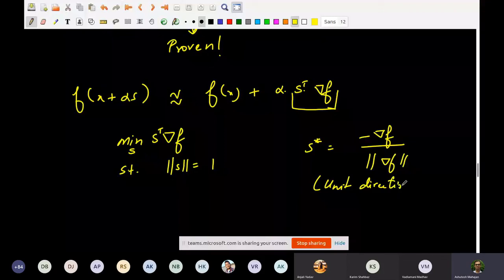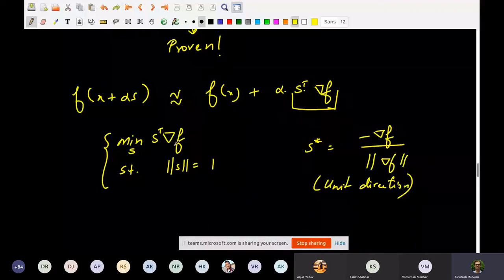Okay, and the proof of this is not too hard. It comes from geometry. You can imagine this geometrically and try to prove it, or you can write it as S1 and S2 with S1 squared plus S2 squared equal to 1, and then try to prove that each component of S should be the negative of each component of the gradient of f.